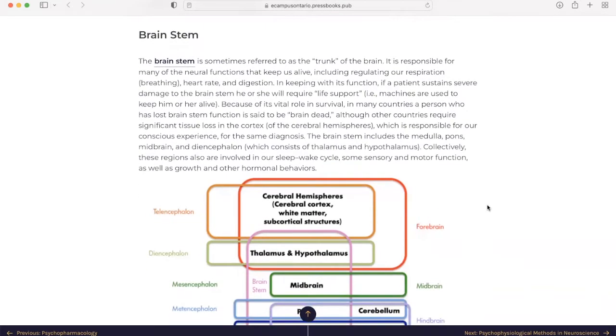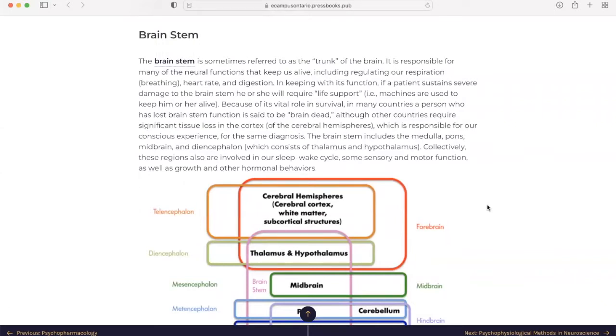Now, it does go into different parts of the brain which is responsible for our conscious experiences. So the brain stem includes the medulla, pons, midbrain, and diencephalon, which consists of the thalamus and hypothalamus. That's a lot of words. And in the big picture, I don't believe they're going to ask us to break down every single component of a brain cell, but it's something to keep in the back of your mind.